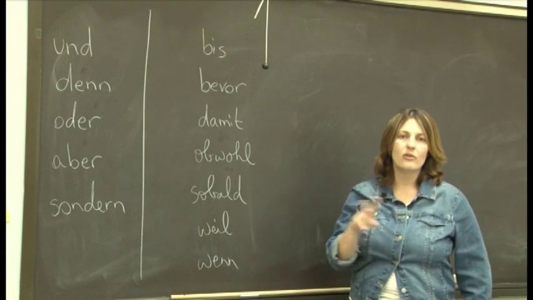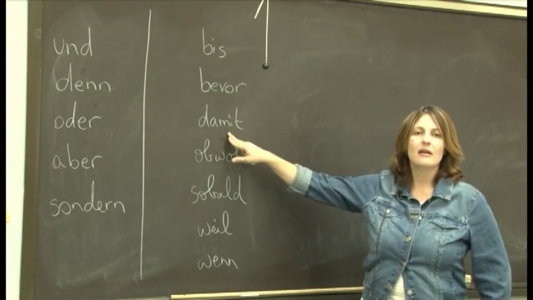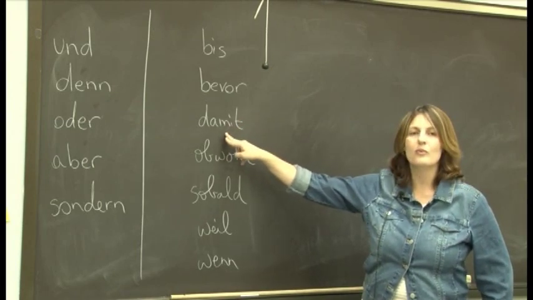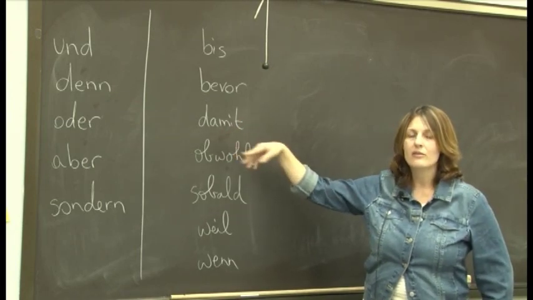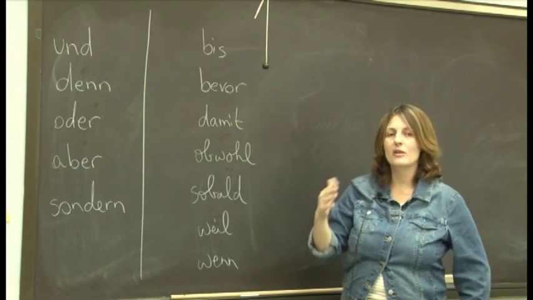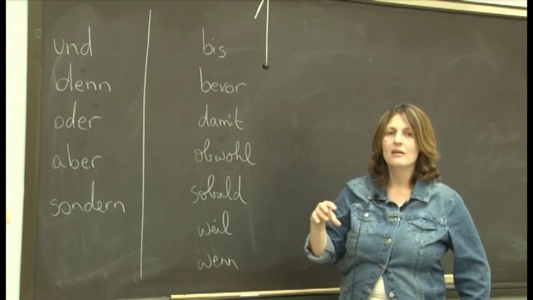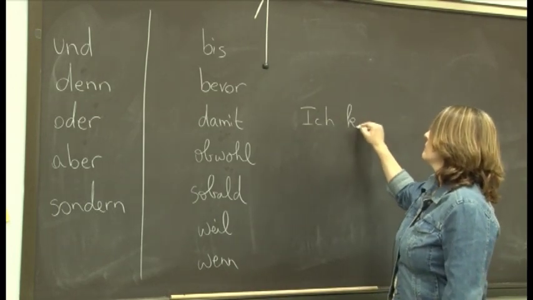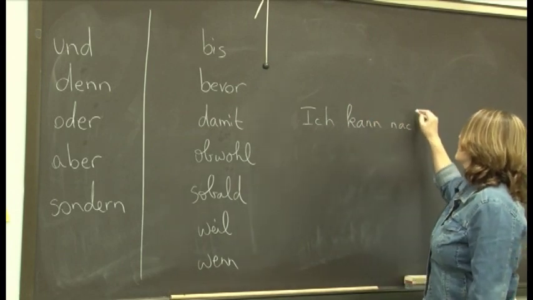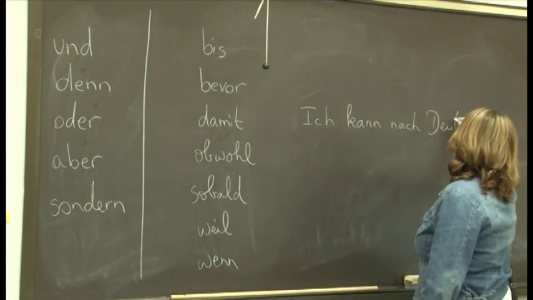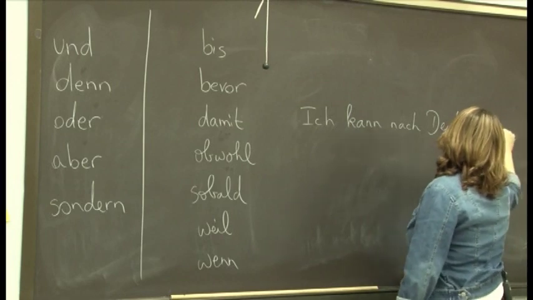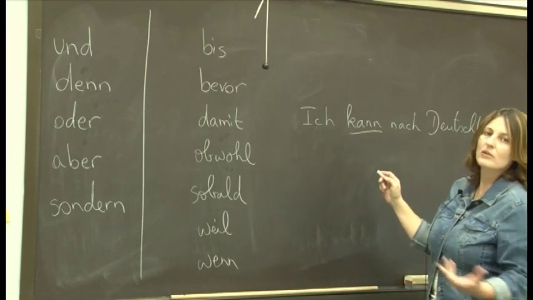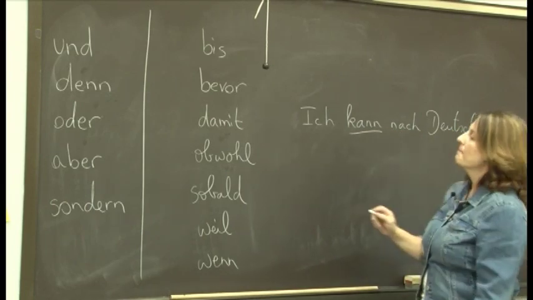And if you have two verbs, as in ich kann nach Deutschland reisen. Think about it. This conjunction pushes the one that used to be second to the very end. So you have two verbs here, modal infinitive. Ich kann nach Deutschland reisen, ja? We have a modal, the conjugated verb, and an infinitive, okay?